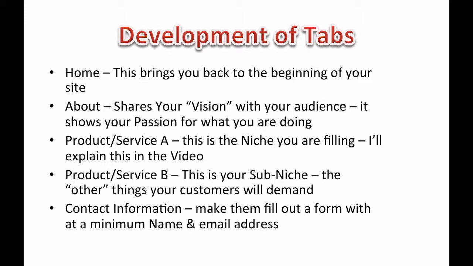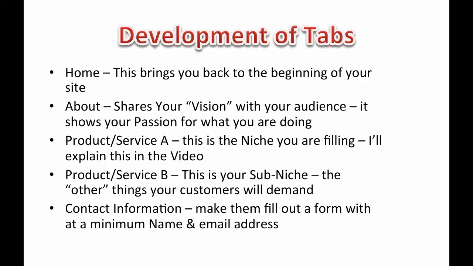Now in the menu, the very first tab is your product or service, A, which is your niche. Let's go back to an example we had, the tourism site for the French Quarter of New Orleans. The first tab might be tours. That would be the passion that you have. Let's suppose you have a passion for the French Quarter and you're passionate about all the historic sites that the tours take you to.